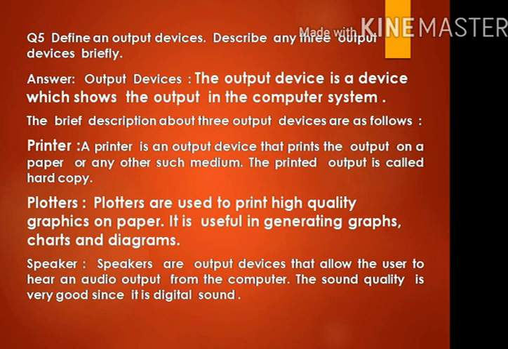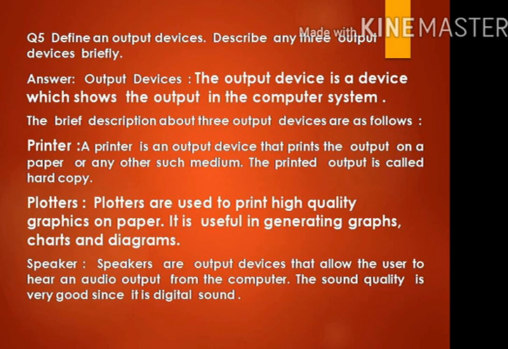Printer. A printer is an output device that prints the output on a paper or any other such medium. The printed output is called hard copy. Plotters. Plotters are used to print high quality graphics on paper.